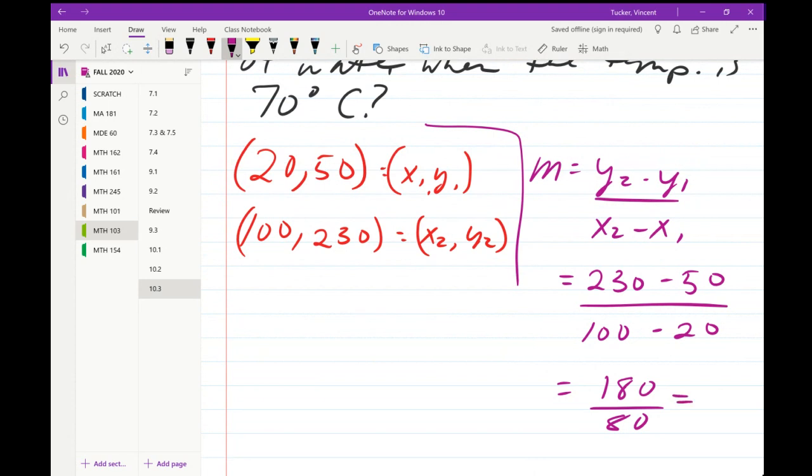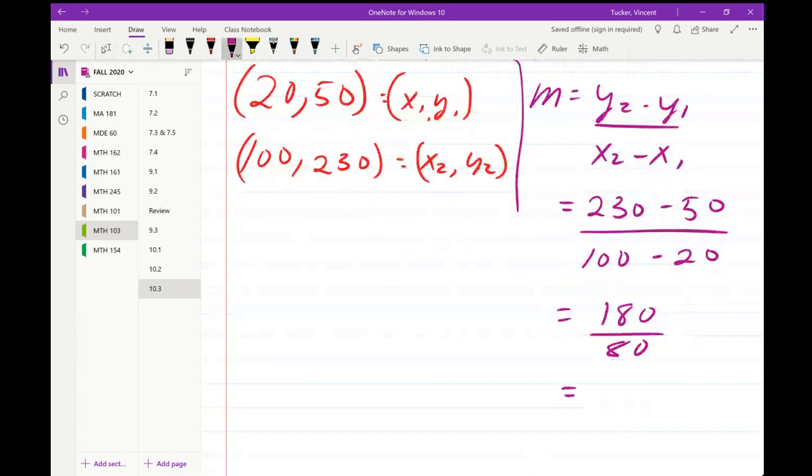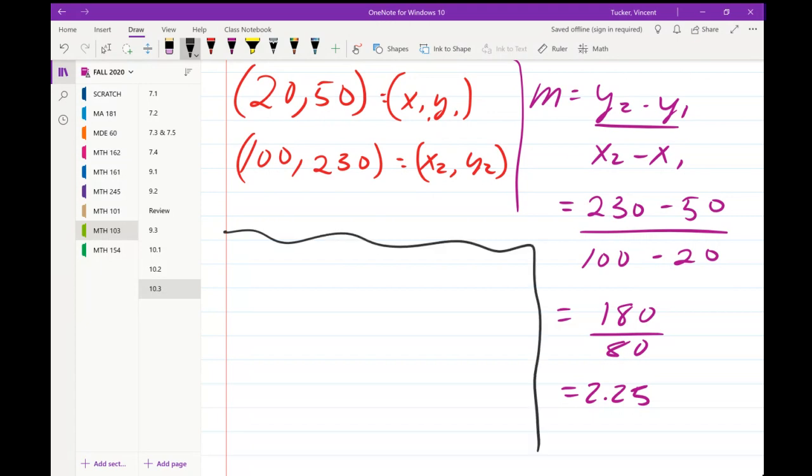Because of the nature of this problem, I'll write it down, that converted to 2.25. So now my slope is 2.25.